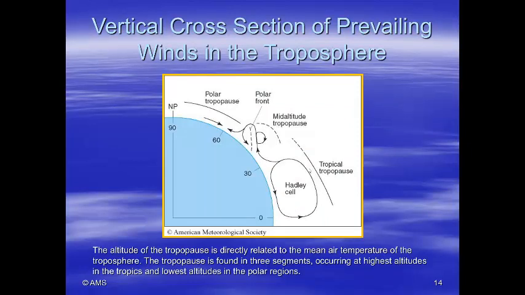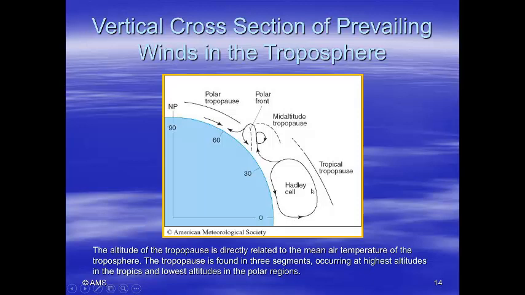If we look at a cross-section of the Earth, we have the Hadley convection cells shown here. Once again, the sun hits very hot here. It's very intense and causes that air to rise. Cold air comes in and fills in.